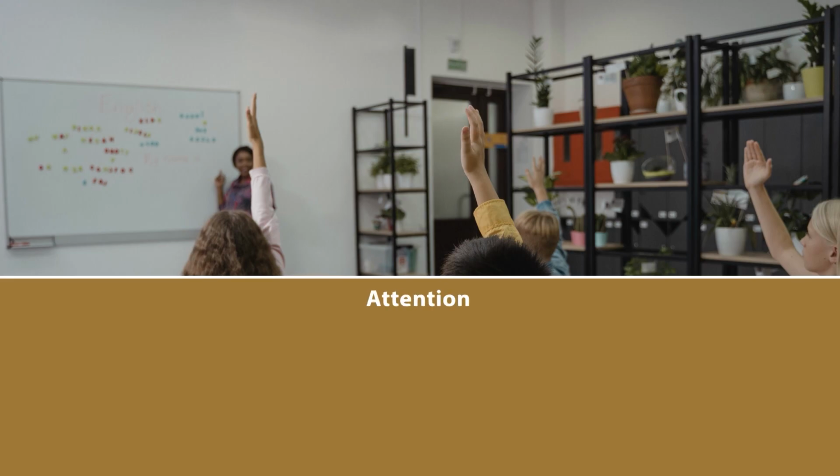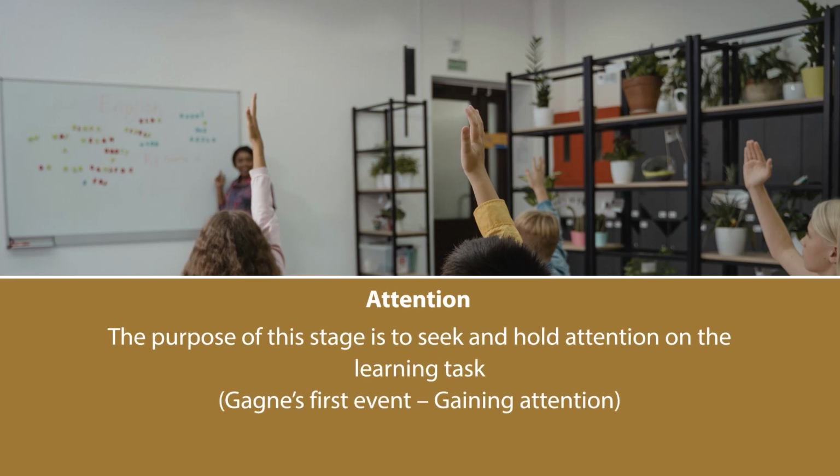What is attention? The purpose of this stage is to seek and hold the attention of the learners on the learning task. And if you compare it with Gagne's 9 steps of instruction, the first one was gain attention. So this is taken from or similar to Gagne's first step.